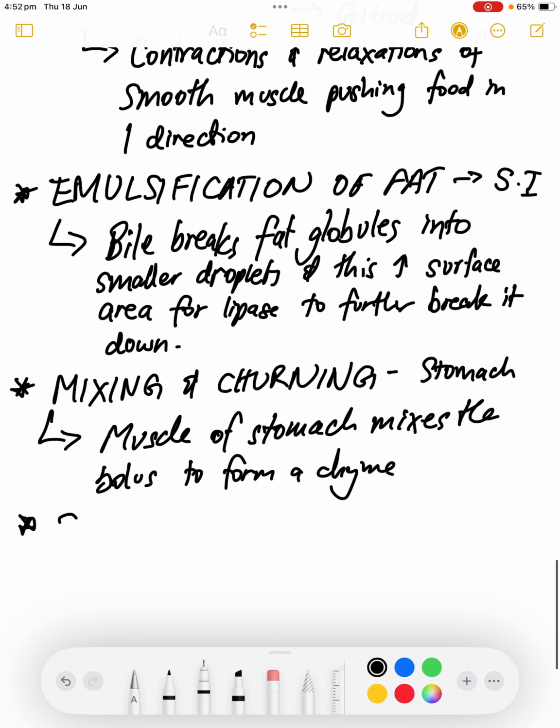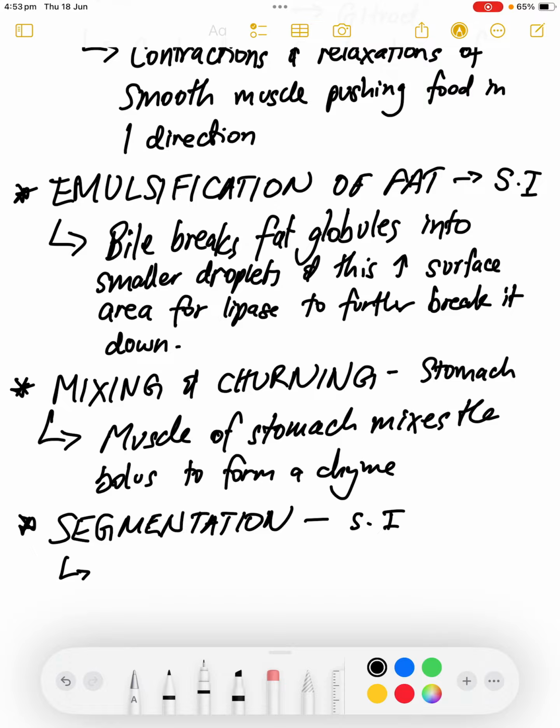Then finally, we've got segmentation. What is segmentation? Where does that happen? It happens in the small intestines, SI. Circular muscles contract and relax to mix the chyme with enzymes and slow it down for maximum absorption.